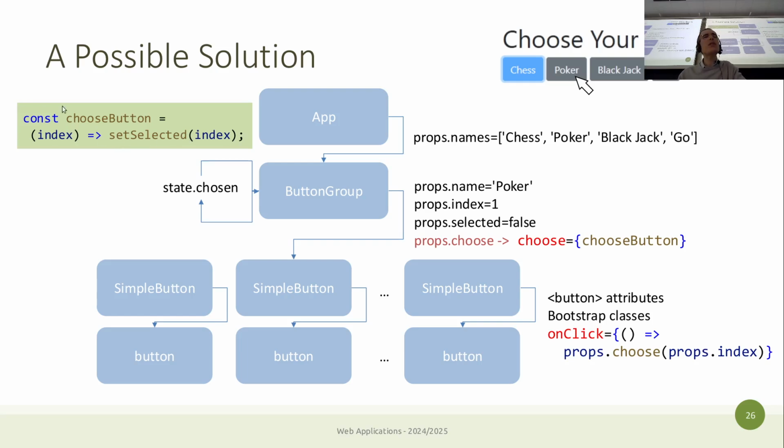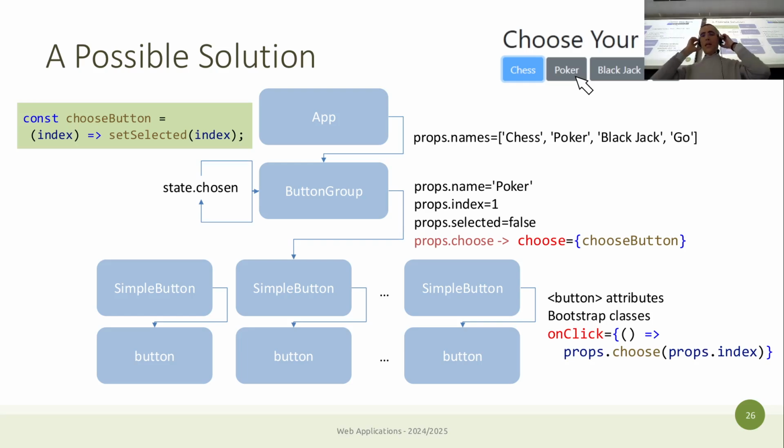Typically it's not so nice from the point of view of the code passing the set function directly, because sometimes you might want to change something, and this is a function that is supposed to be local to the component. So if you pass something else that just calls that function, that's better. But it's just from the conceptual point of view, because there are no distinctions between functions in JavaScript. Everything that is a function can be passed around, as you know, in JavaScript.